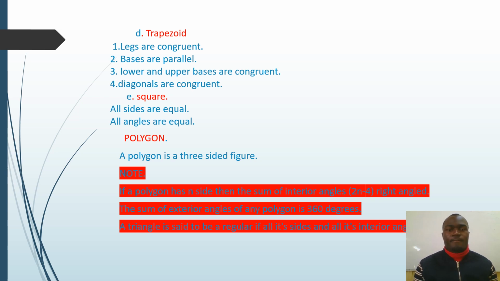Then lower and upper bases are congruent. That means the lower line and the upper line that form the base of a trapezium are equal. Then diagonals are congruent. The diagonals are equal. Then we have the square as the next one. All sides of a square are equal, and that one is very true.